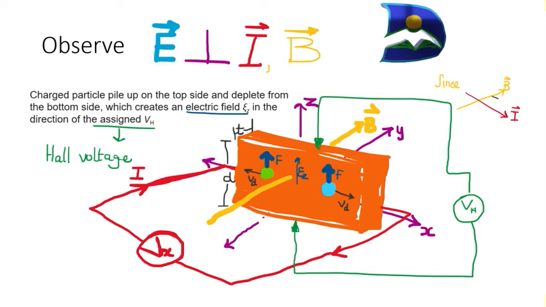So in this case, both the current and the magnetic field are perpendicular to each other, and the electrical field is perpendicular not only to the magnetic field but also to the current.